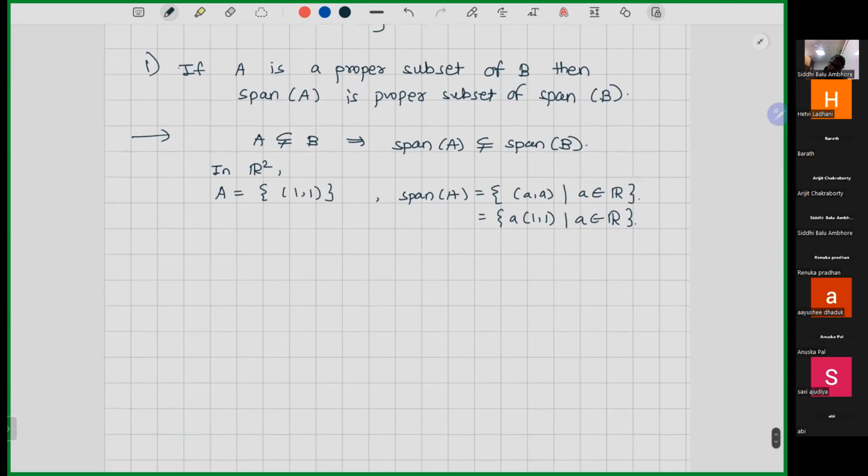Okay, now let me show you this B. If we take B as 1 comma 1 and 2 comma 2, what is the span of B? Can somebody tell me? Ultimately, that is giving me a(1, 1) plus b(2, 2).